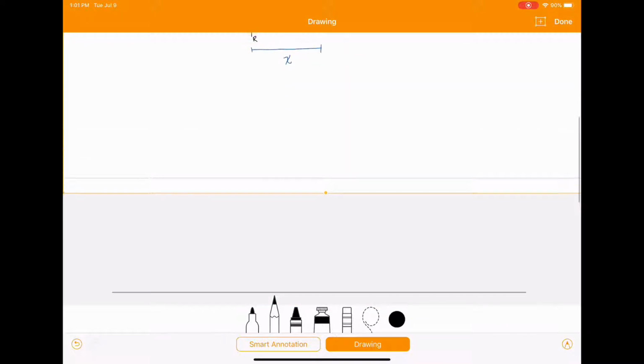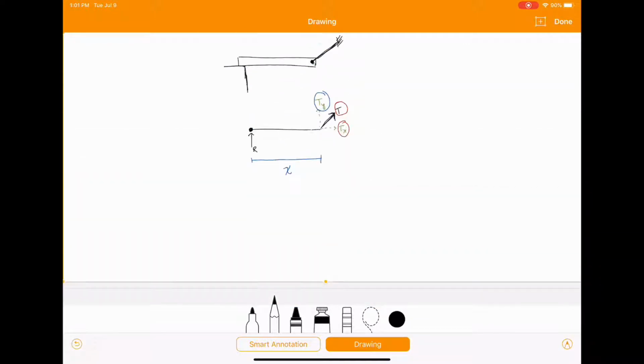All right, so another example would be if we had some sort of frame system, and let's just say that that's fixed to the ground.